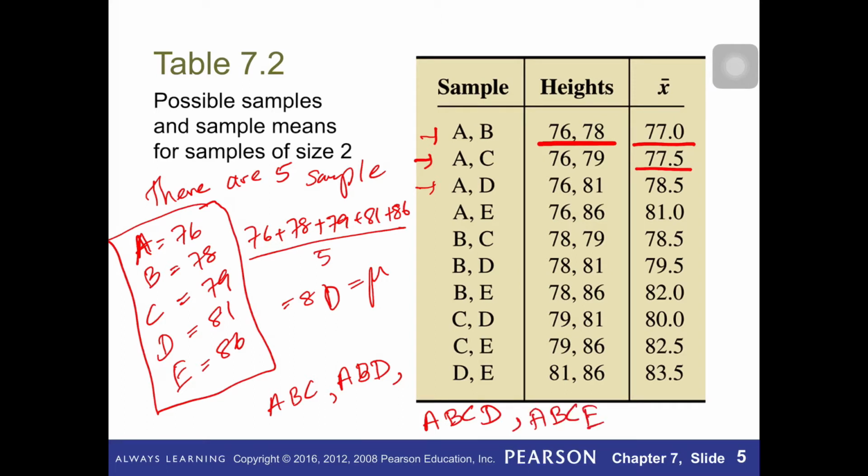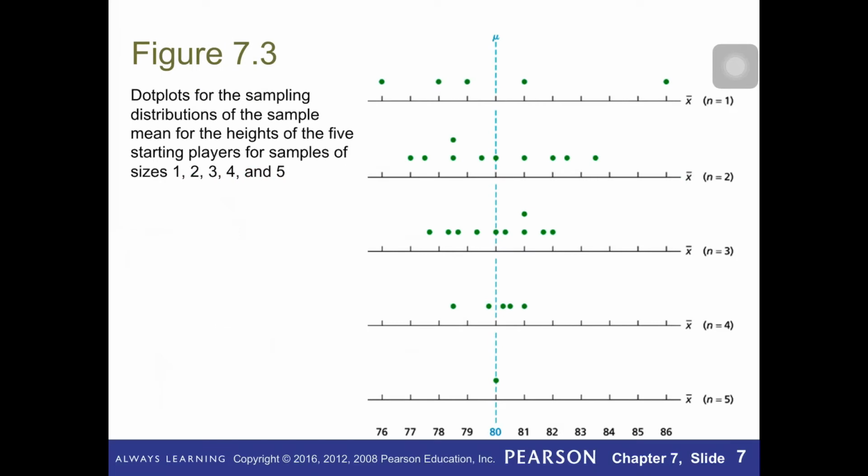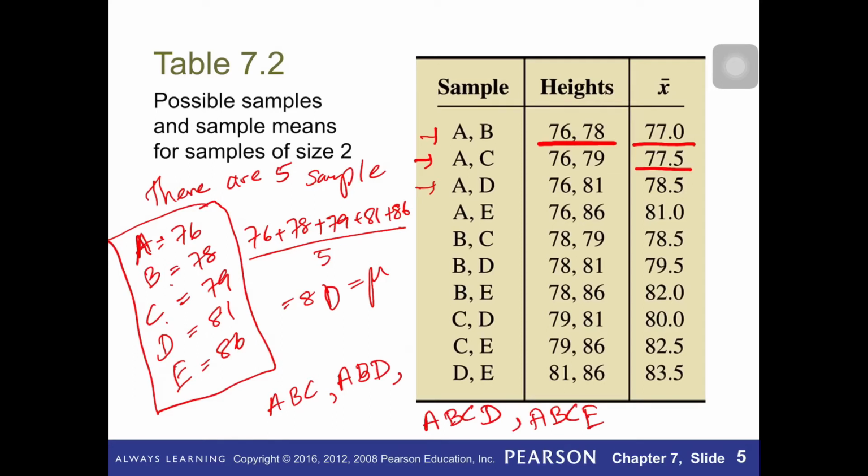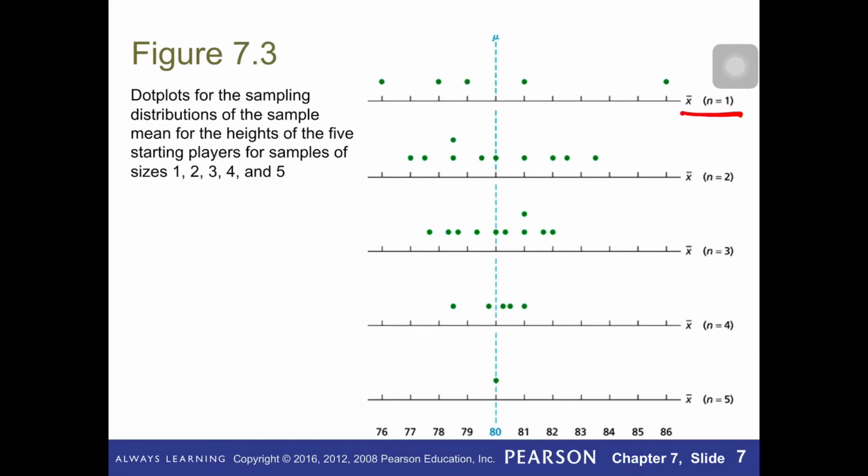What about just one sample like ABCDE? We will see what will happen. If we consider just one sample, you can see the x bar values are 76, 78, 79, because these are the individual samples.